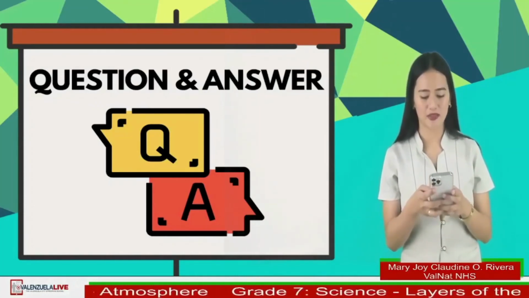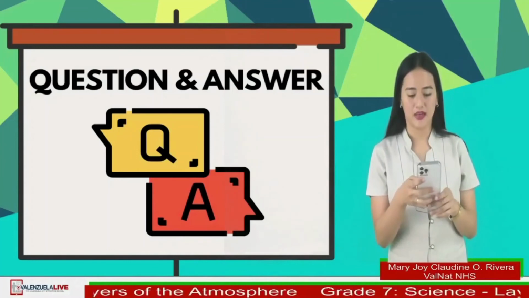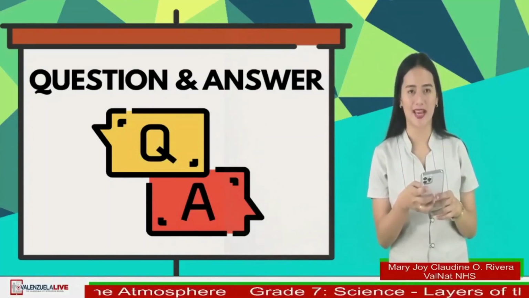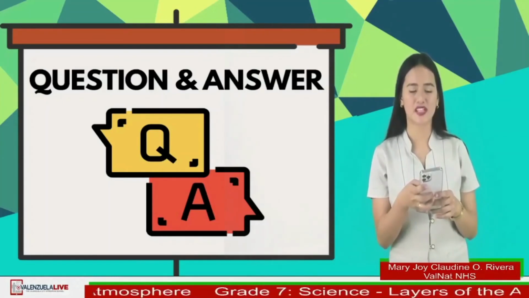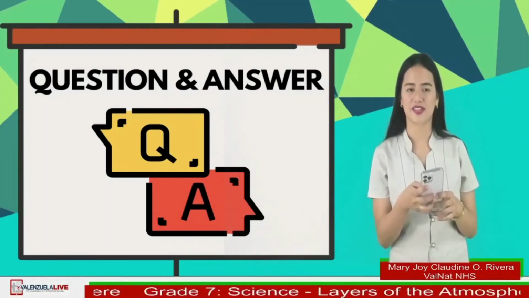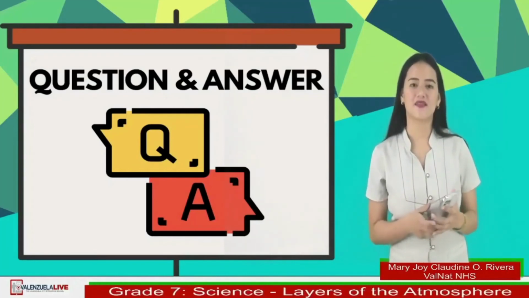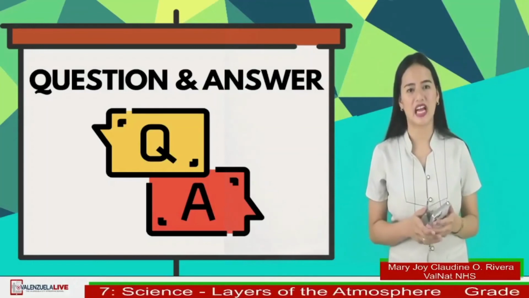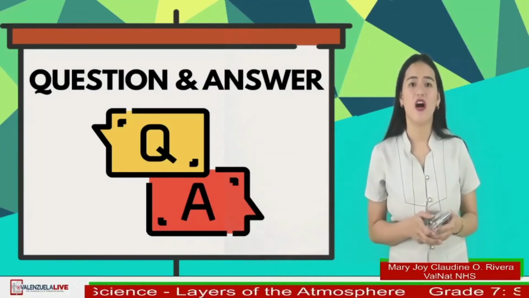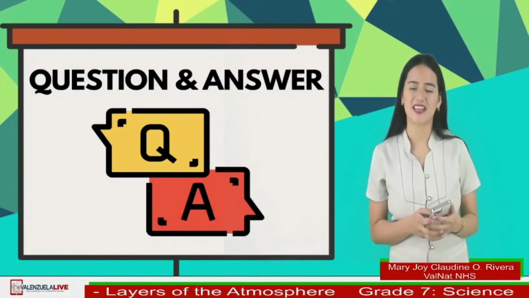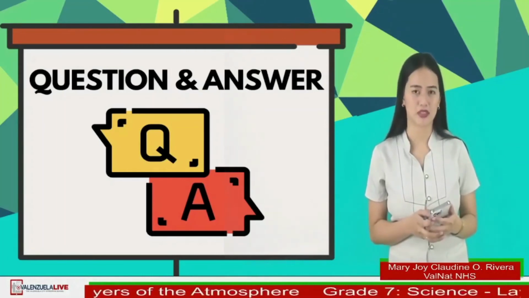First question is from Rich Lacangan from Valenzuela National High School. They ask, what is the basis for dividing Earth's atmosphere into layers? Well, that is a very good question, Rich. The basis for dividing the atmosphere into 4 layers are the difference in temperature gradients and wind pattern.